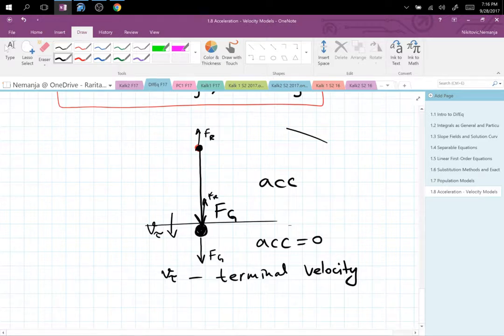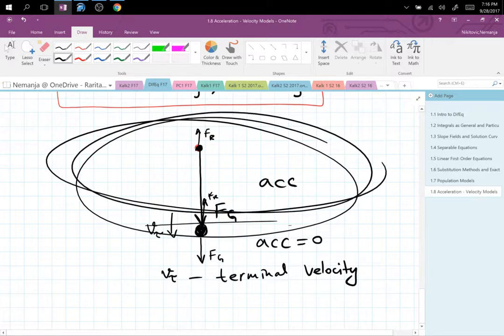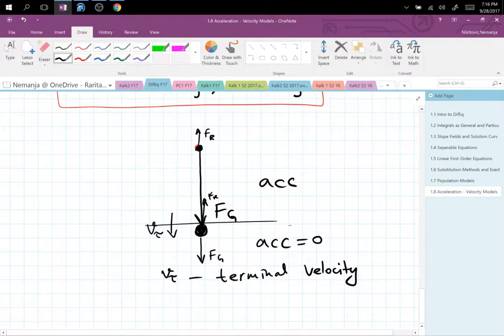So velocity in this part of the flight of the rock is constantly changing. It's constantly increasing because gravity is pulling the rock faster and faster, until the moment where the terminal velocity is reached.